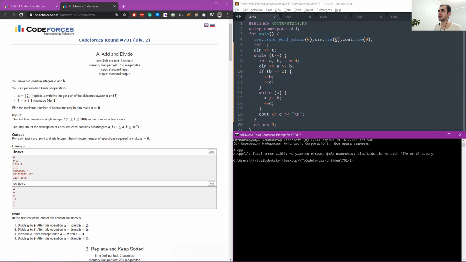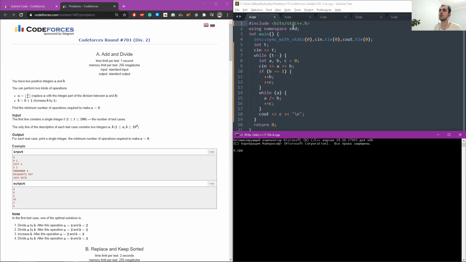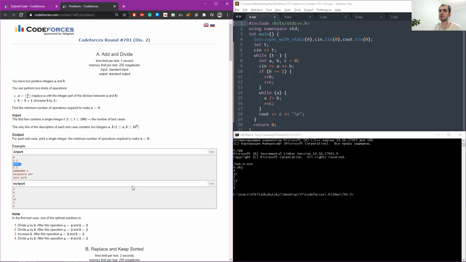What do I mean actually? Sure. So we are wrong for this test case. So it is actually beneficial to add 1 more times, right?